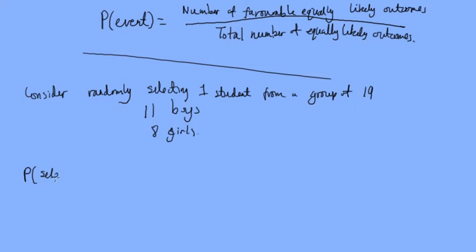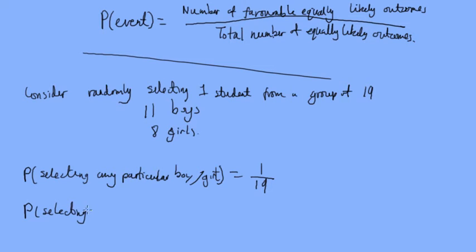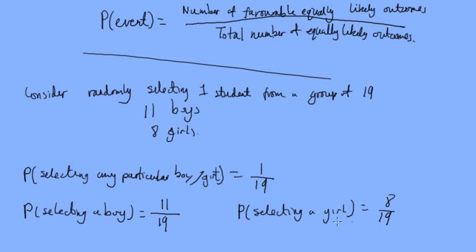the probability of selecting any particular boy or girl is equal to 1 over 19. But the probability of selecting a boy is going to be 11 over 19, and the probability of selecting a girl is going to be 8 over 19.